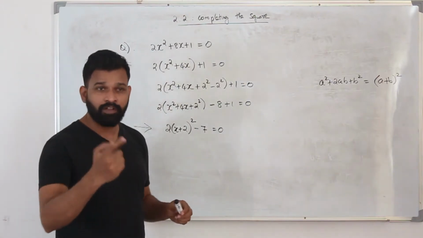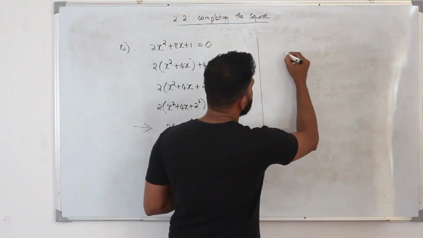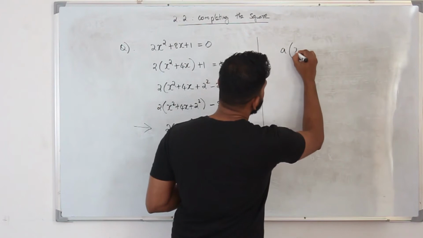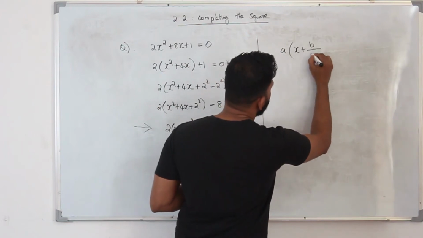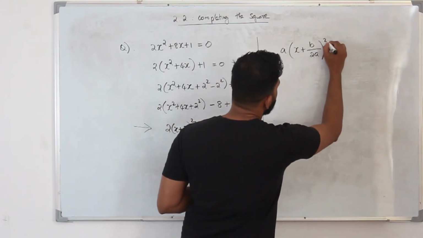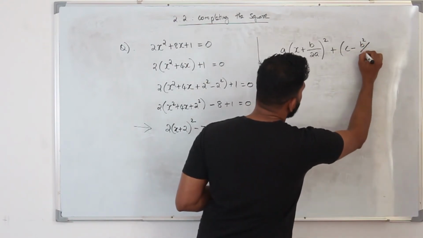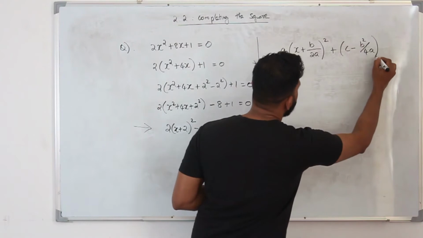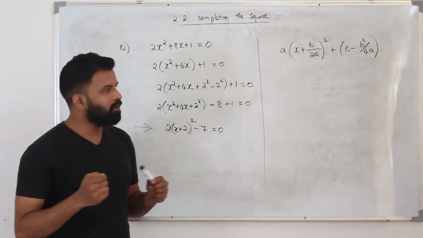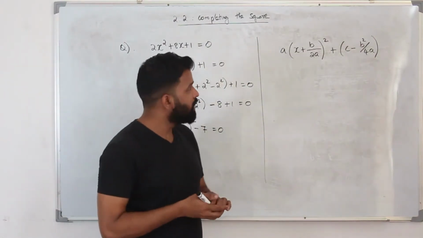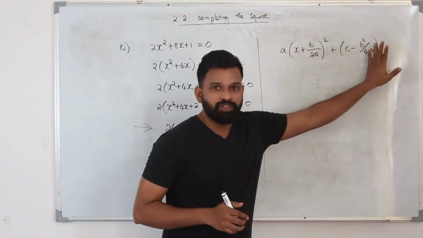So let's take a look at the formula. The formula is a times x plus b upon 2a whole square plus c minus b square upon 4a. This is the formula.